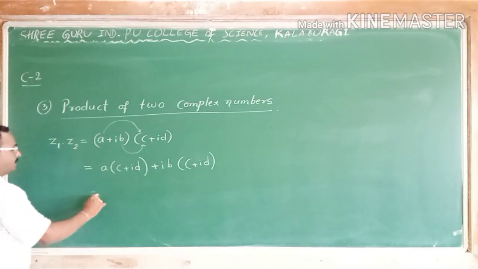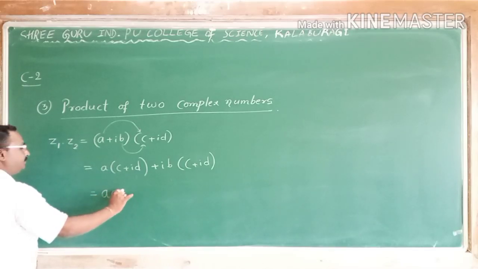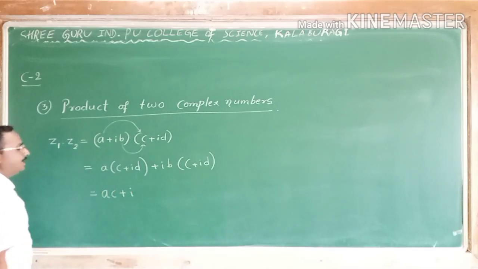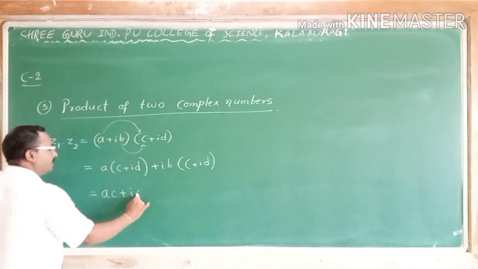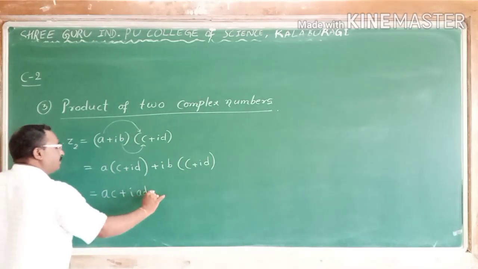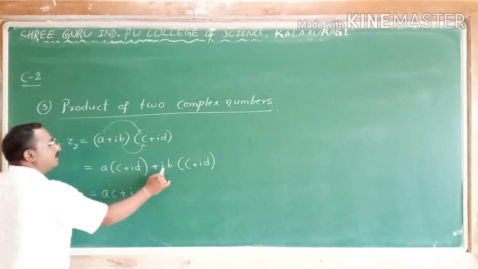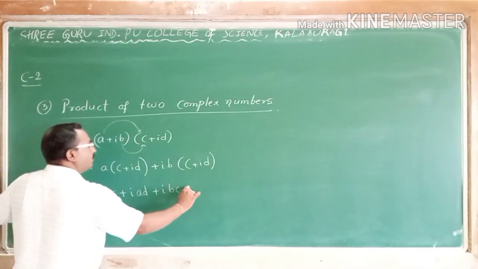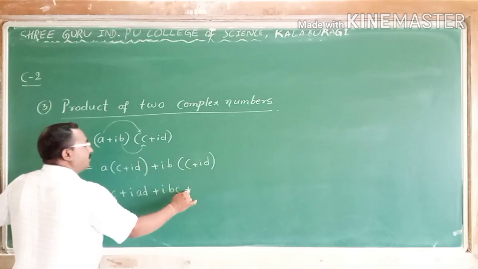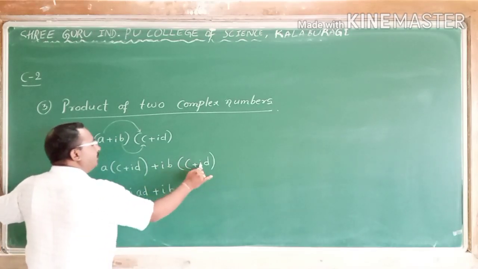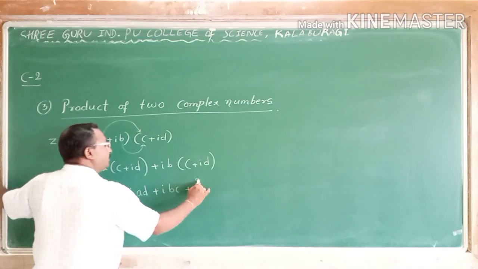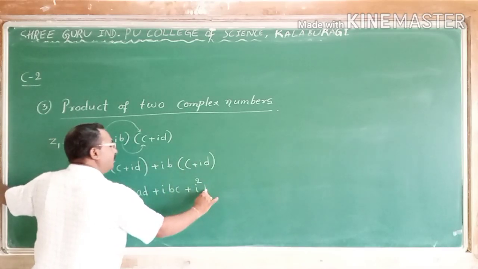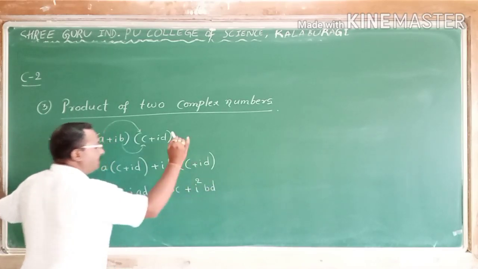Multiplication, that is a into c, ac, plus i times a into d, plus ib times i times b into c, plus i into i, i square, b into d, bd.